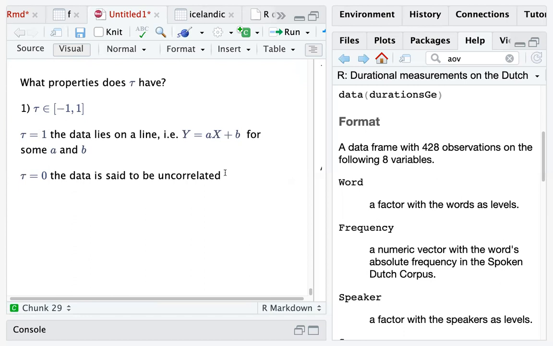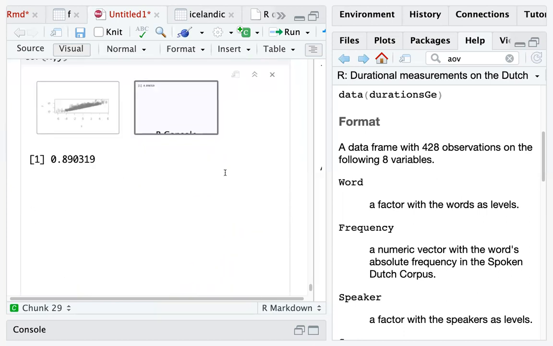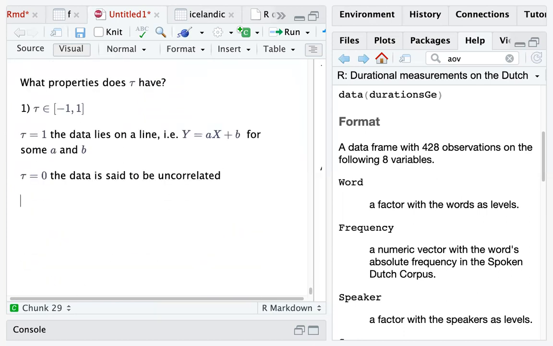We get our data and define this tau empirically, this Pearson's correlation coefficient, and we would like to test whether the data that I observe is uncorrelated.